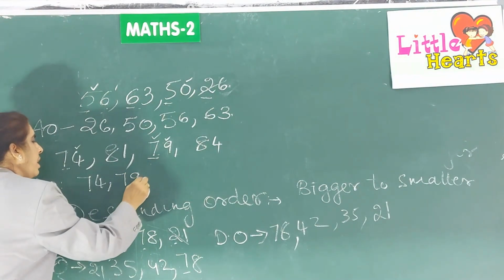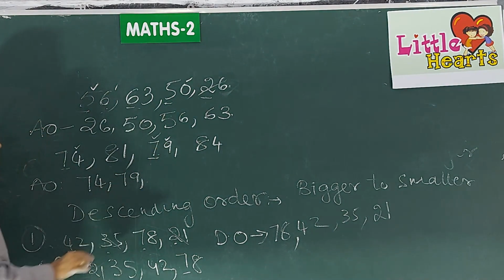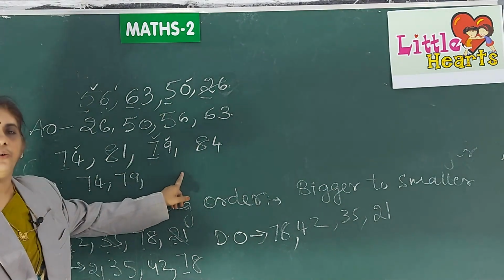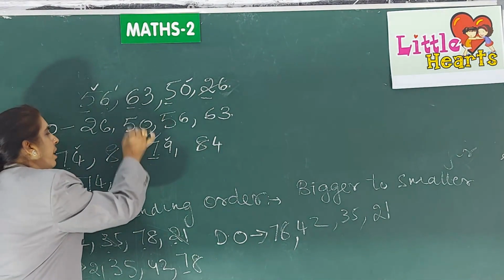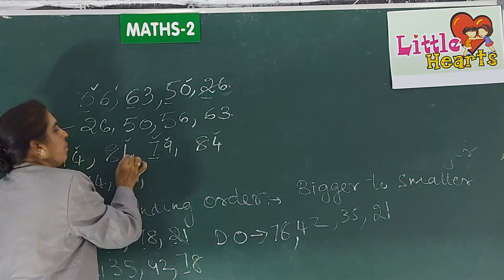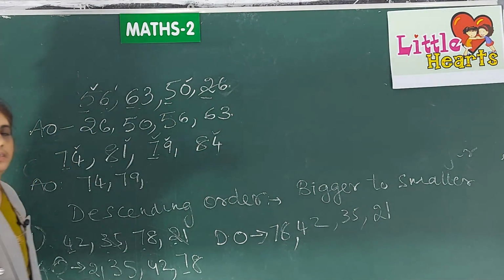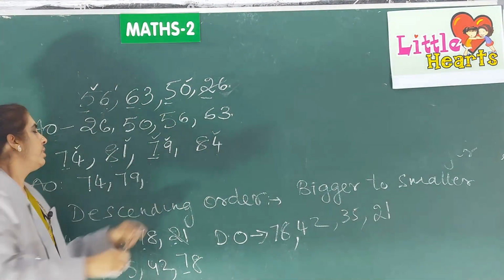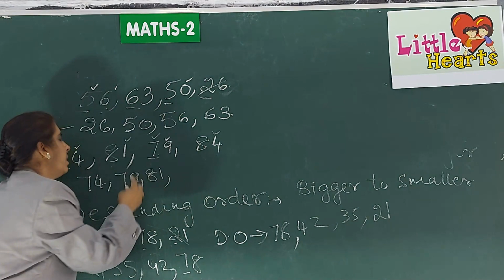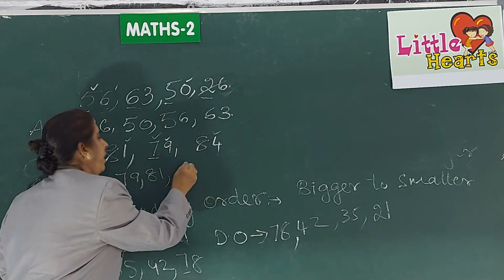Write 79. And in the same way, 81 and 84. Both the numbers have 8 in the tens place. So check with the ones place digit, 1 and 4. 1 is smaller than 4. So 81 comes first, and then 84.